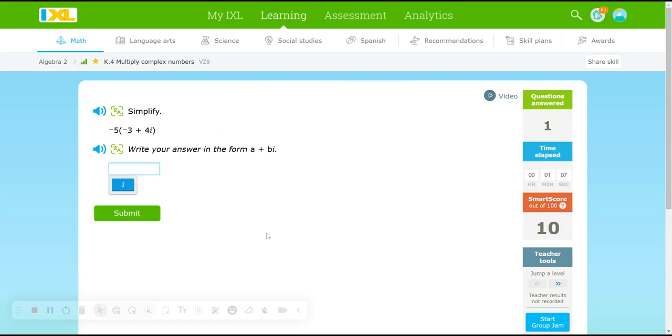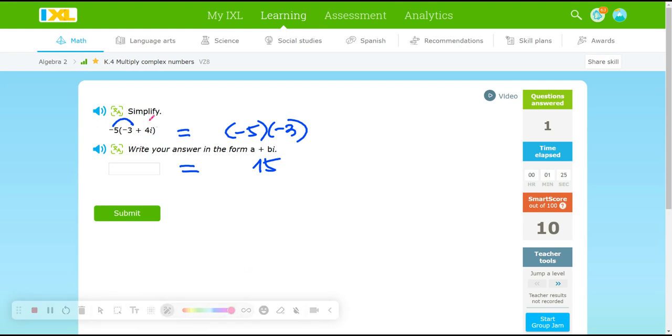Okay, same thing here. Now you do distribution. Start with -5, multiply with -3. So -5 times -3. Let's write them slowly here. That comes out at positive 15. Then you multiply -5 with 4i.